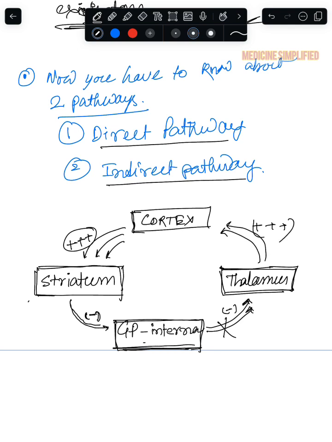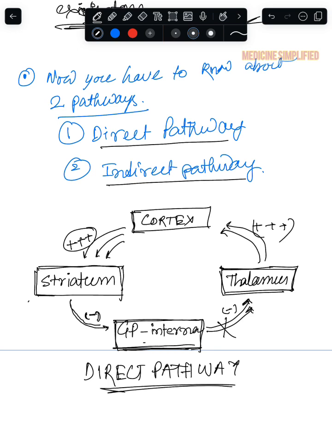Okay, so this is the direct pathway. Understand? I am telling you one more time. Cortex exerts its stimulation on the striatum, so the striatum gets activated. What does it do after it?